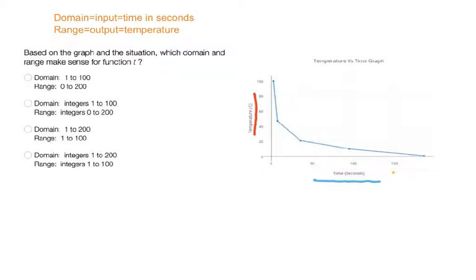All right, so I just want you to look at the graph. I just want you to note that I've got time on the bottom, temperature on the left. All right, and if I look at the values, where does my graph start? My graph starts right here, right there. And where does my graph end?